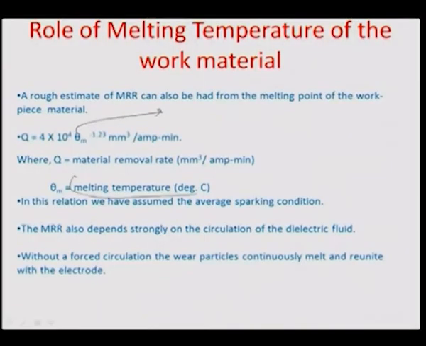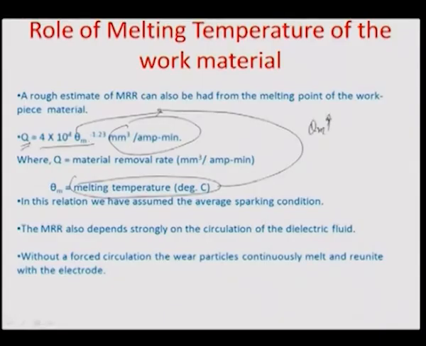That relationship has been defined in literature as, if theta m is the melting temperature in degrees Celsius of the material, then the material removal rate in millimeter cube per charge is given by this expression here, 4 times 10 to the power of 4 theta m to the power of minus 1.23. It therefore indicates that if theta m for a material is higher, the material removal rate should be lower and vice versa. There is a minus sign on the superscript, minus 1.23.